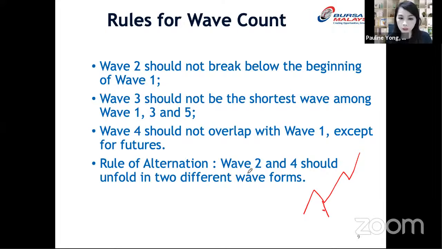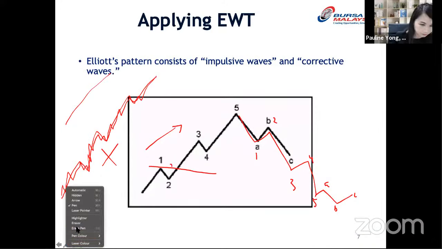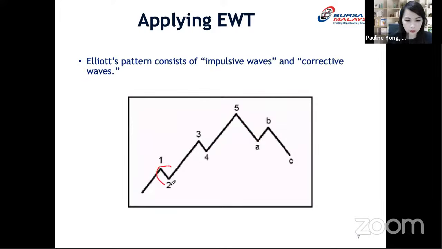So the rule of alternation says wave 2 and wave 4 should not unfold in two different waveforms. That means you are looking at this retracement, wave 2, and then wave 4, this retracement, whereby when you have these two retracements, the pattern cannot be the same.